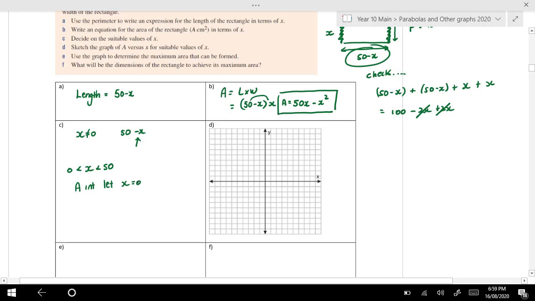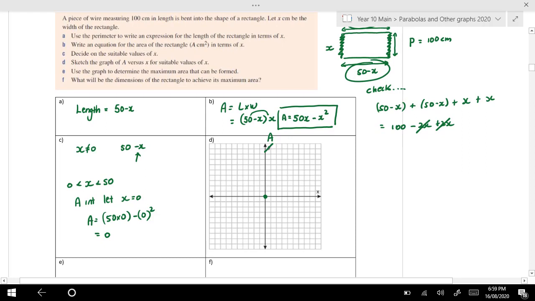Now, of course, when you sub that in, that's 50 times 0 minus 0 squared, which of course is just 0. So now I'm going to change that from a y to an a, and the x is there, that's fine. So it's going to be a graph which looks something like this.